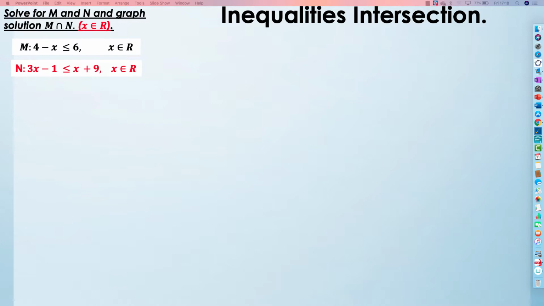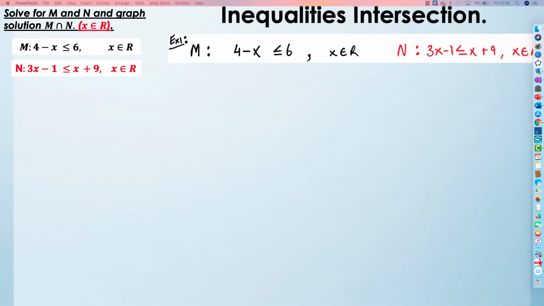So, first things first, don't worry about it, solve the two of them separately. We're going to solve this one, and then we're going to solve this one. So, first one, 4 minus x is less than or equal to 6. So that's minus x is less than or equal to 6 minus 4, yeah?